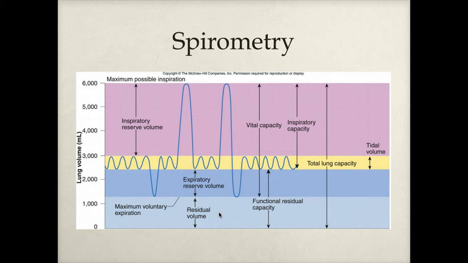And that's a good thing because we want to keep the alveoli and the airways open. We need that residual volume in there to keep those alveoli inflated. It wouldn't be a good thing if we could blow all of that air out. So a standard value for residual volume is 1,300 milliliters.